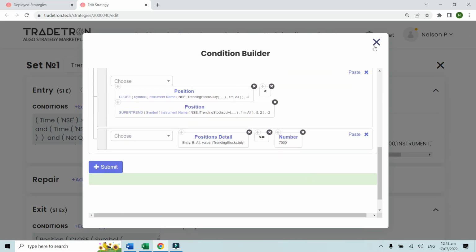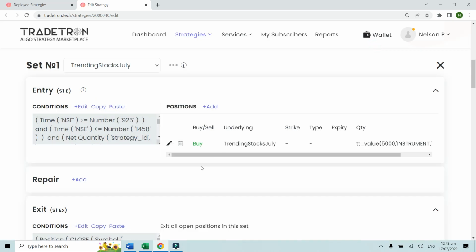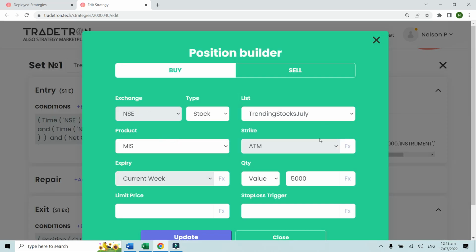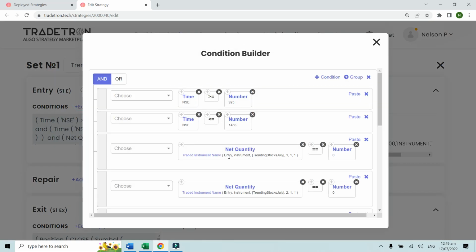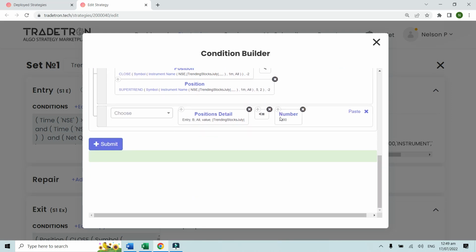So that's why it entered 2 times, and that's how, if you want to restrict entry to 3 times, and your initial entry is 5000, then in positions detail you can change this value to maybe around 13,000 or 13,500, because that will be less than 15,000.